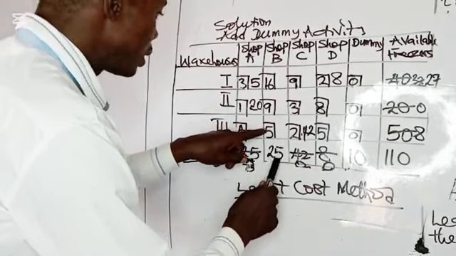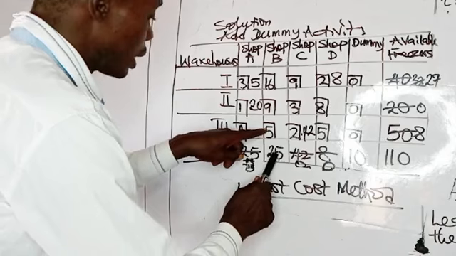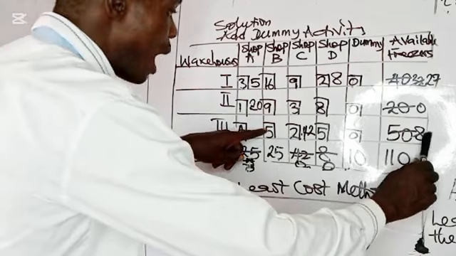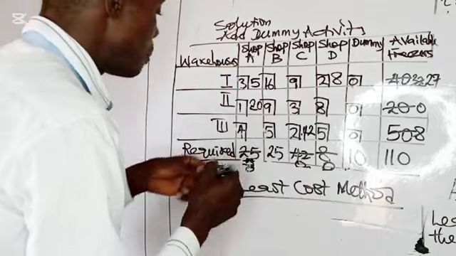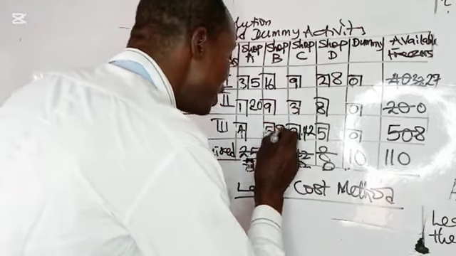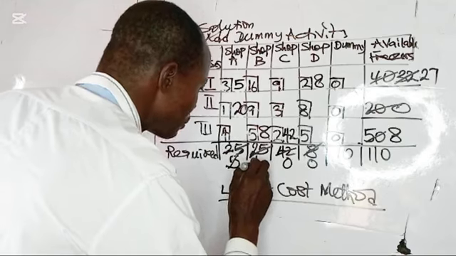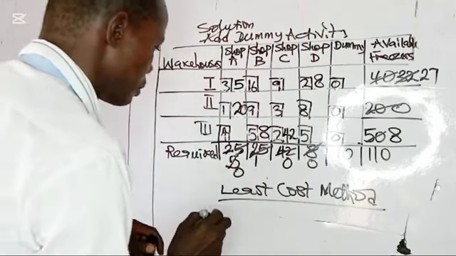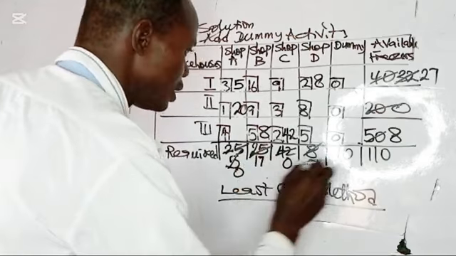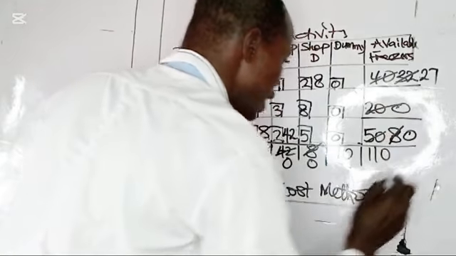In this column, you still have 25 unallocated, but in this row, you have 8 remaining. That means what you can allocate here is 8. 8 from 25, you'll be left with 17. Then 8 from 8 is 0.